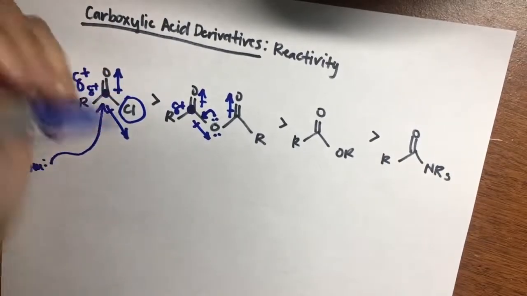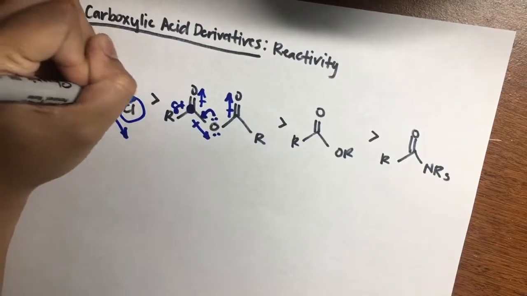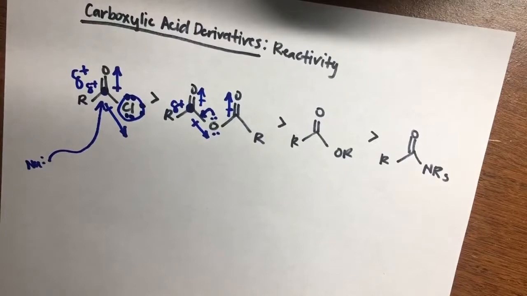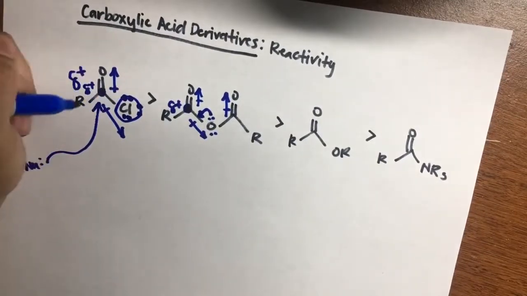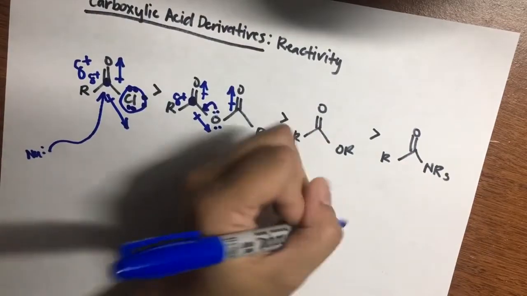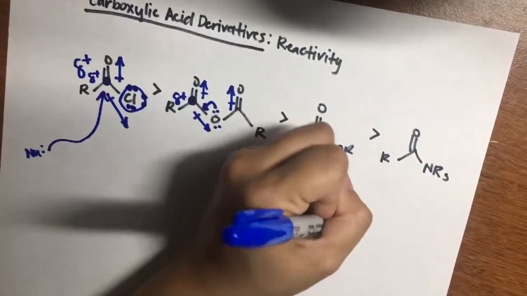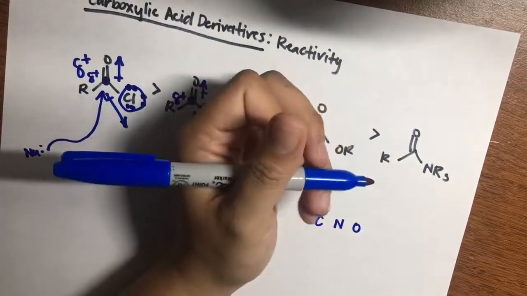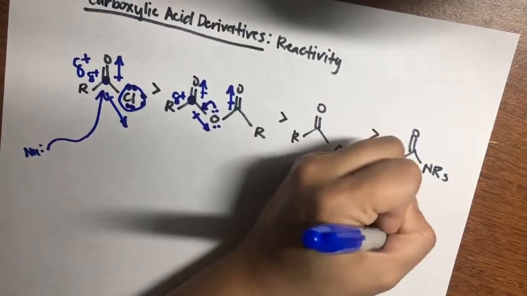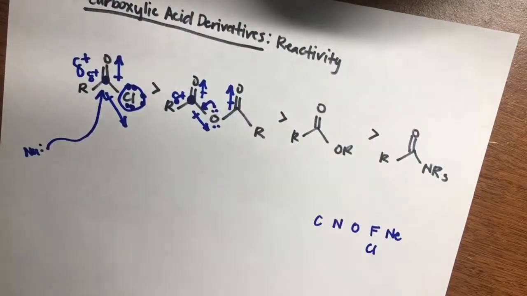And you might be thinking, chlorine also has lone pairs that can donate to this carbonyl carbon, making it less partial positive. But if you look at the periodic table, you have carbon right here, nitrogen, oxygen, and then fluorine, neon, and then right under fluorine you have chlorine.